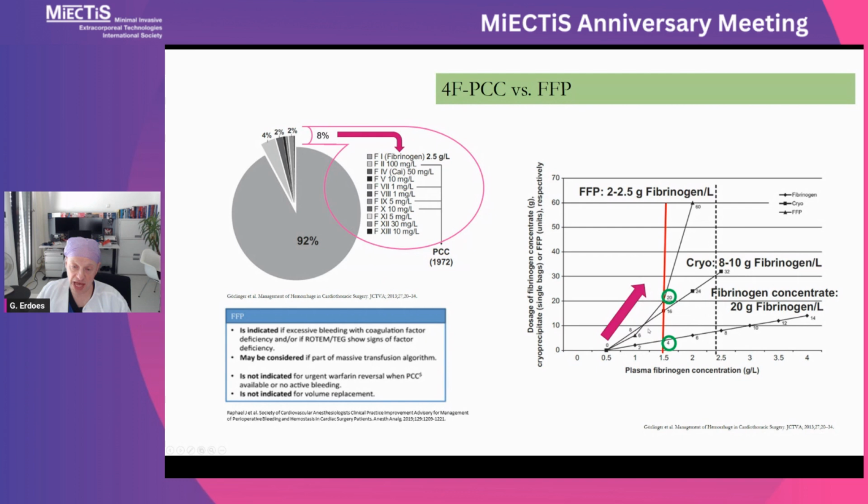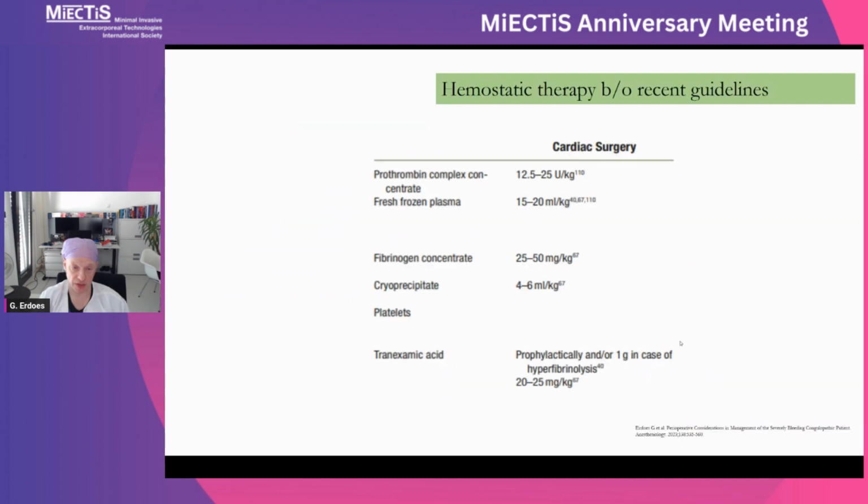You see here, if you would like to increase the plasma fibrinogen level from 0.5 to 1.5 only with FFP, you would need 20 units of FFP in comparison to only 4 grams of fibrinogen. But we can administer FFP. FFP is indicated especially in case of excessive bleeding with coagulation factor deficiency, and maybe also considered, as I mentioned before, as part of massive transfusion protocols.